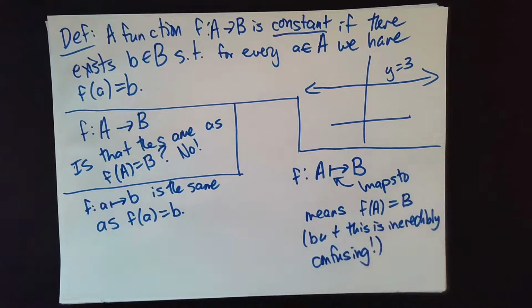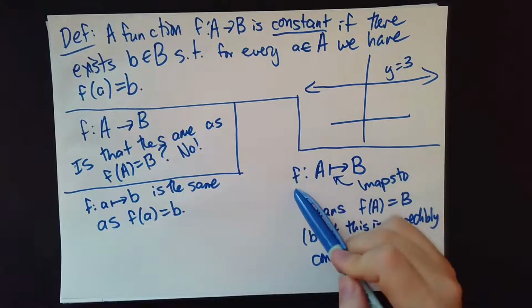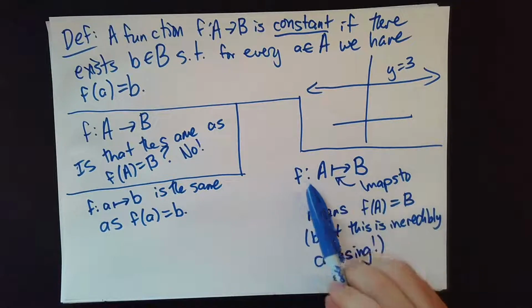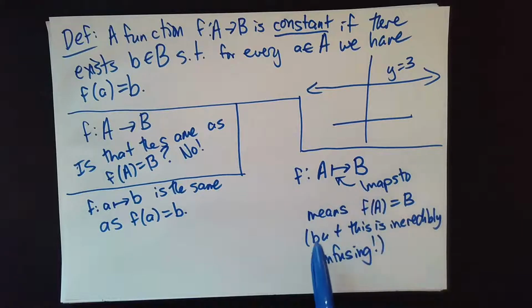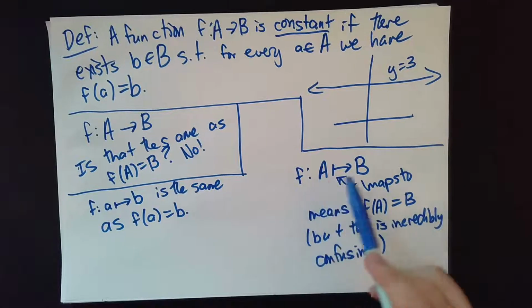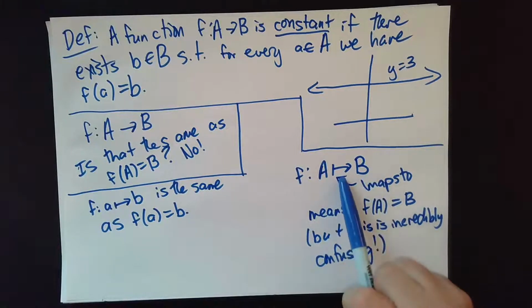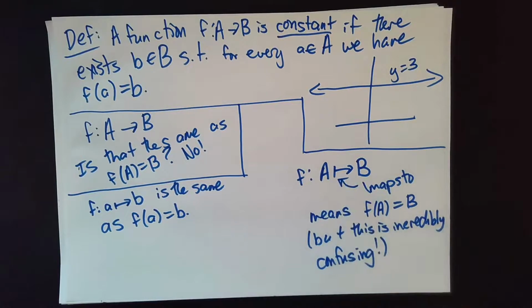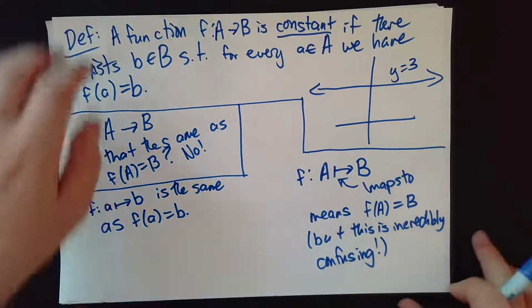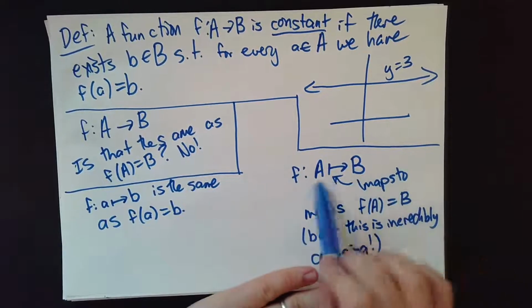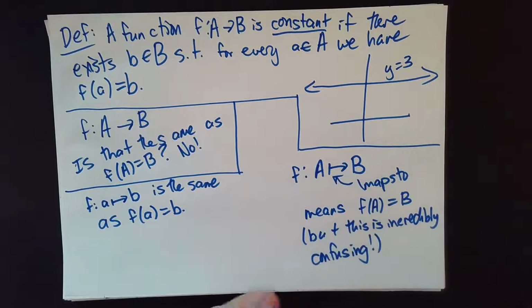Okay. And why is it incredibly confusing? It's incredibly confusing because this looks suspiciously like I'm describing a function whose domain is A and codomain is B, and I've used the wrong arrow. And so I would never write something like this because of that.